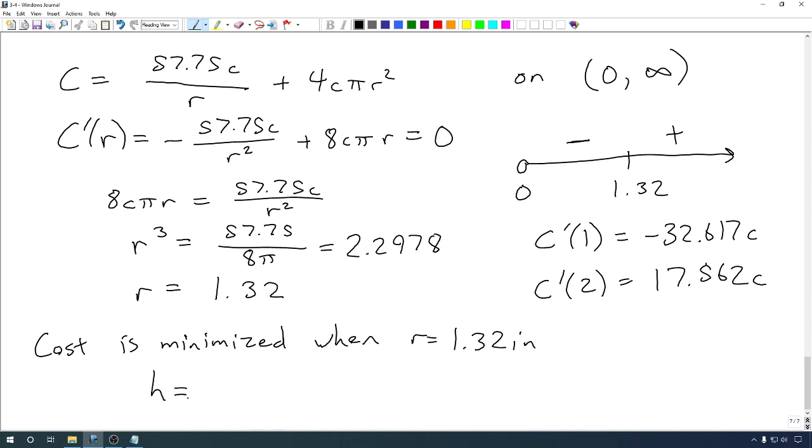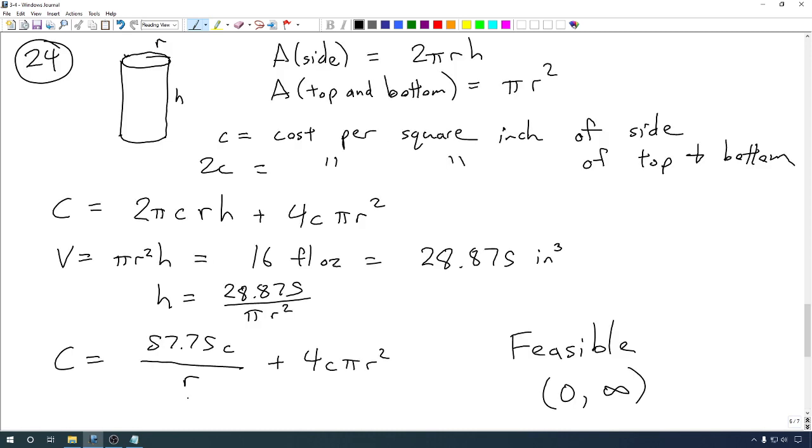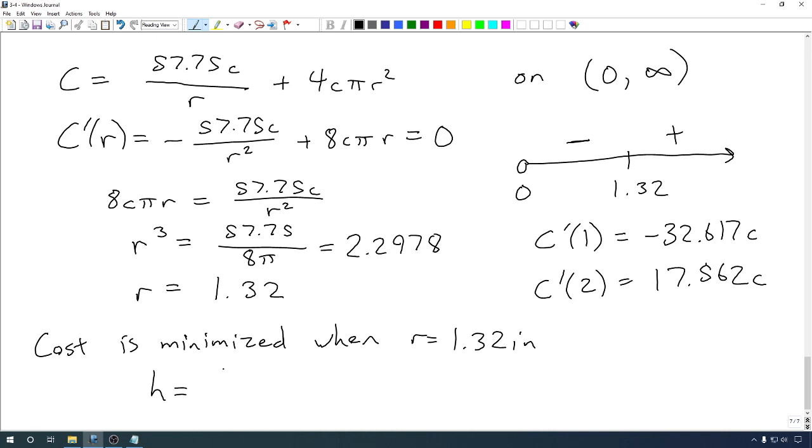And of course, h, we do need to know what the height is. Our height comes from this formula here. We have 28.875 divided by pi r squared. So 28.875 divided by pi times 1.32 squared. Again, use a calculator for this.